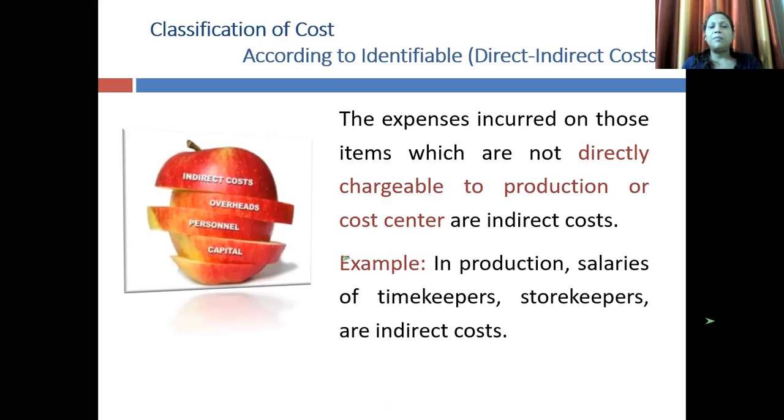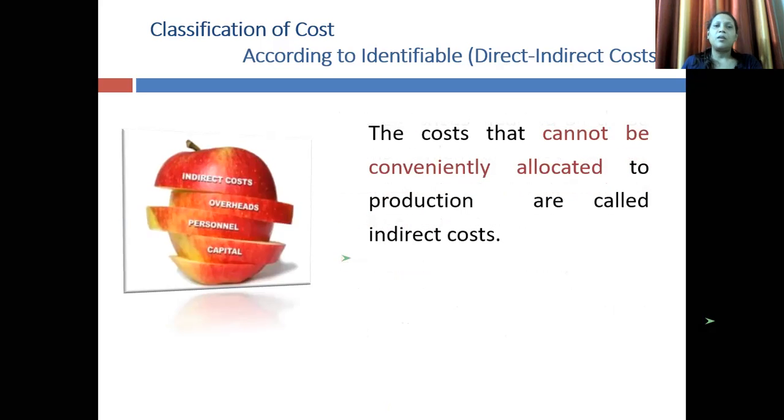An example is in production, salaries of timekeepers, storekeepers are indirect cost. So the cost that cannot be conveniently allocated to production unit are called indirect cost. I repeat, the cost that cannot be conveniently allocated to production are called indirect cost.